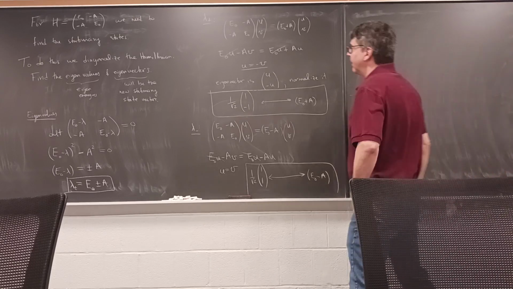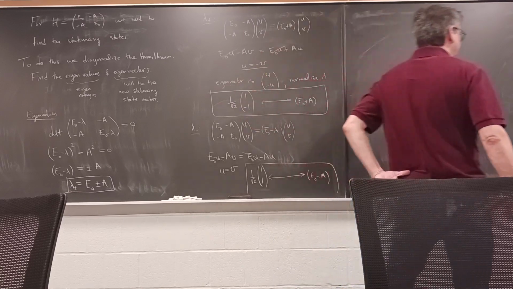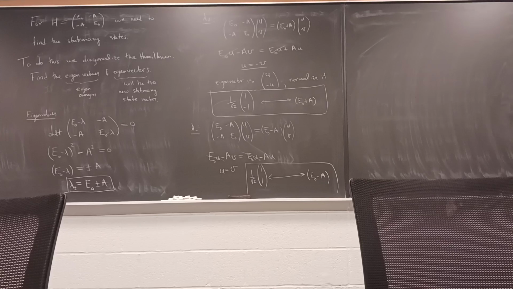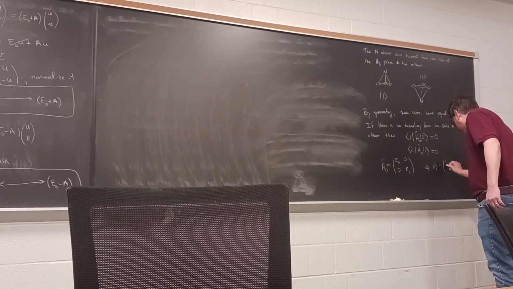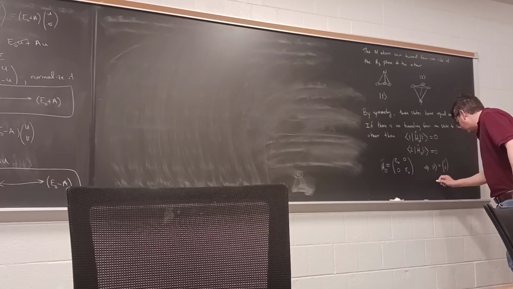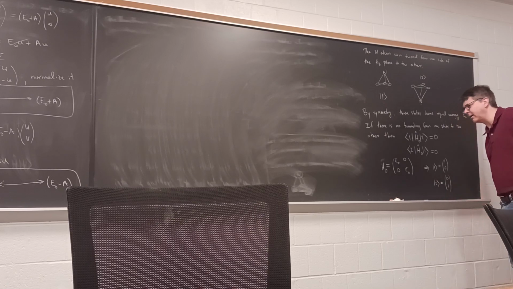Okay, so when we wrote this Hamiltonian out here, this implies that we're implicitly stating that the ket 1 is the column vector (1, 0), and the ket 2 is the column vector (0, 1), okay?